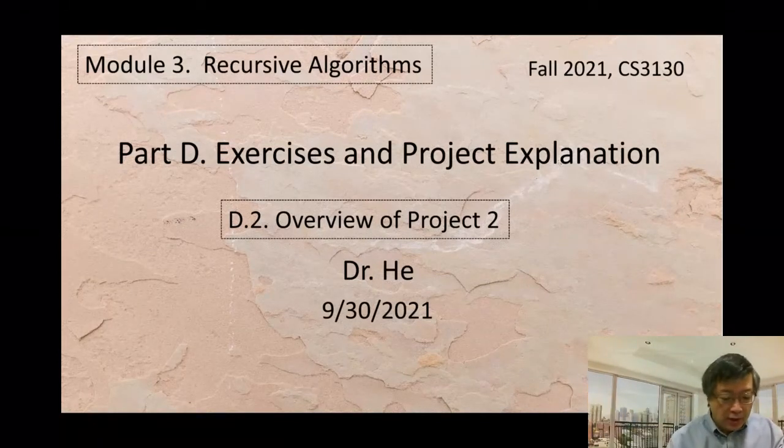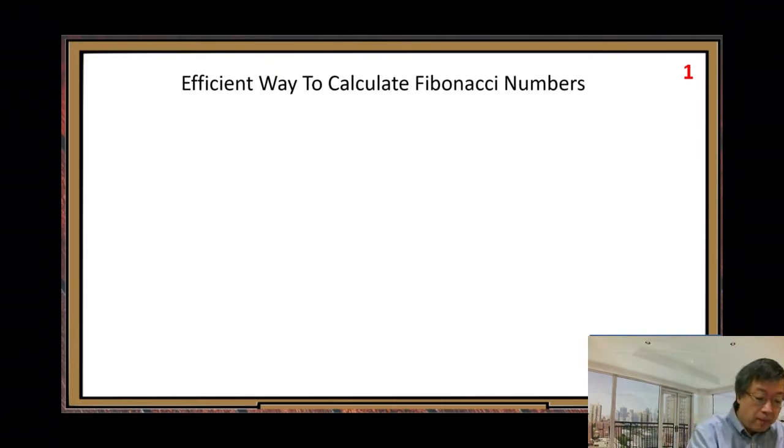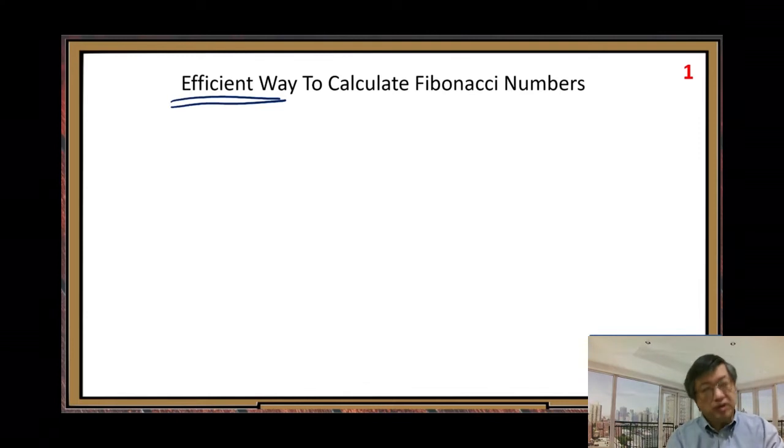All right, so first we know the goal of this project. Try to get an efficient way to calculate Fibonacci numbers. So efficiency is the most important in this project.